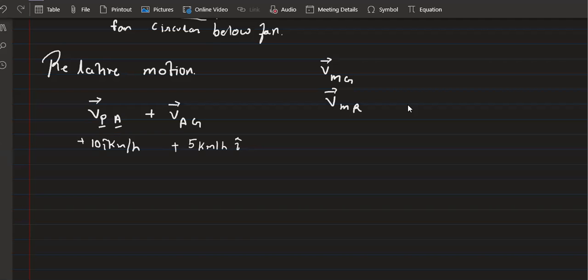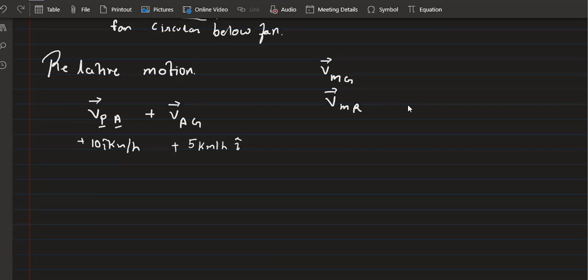Tell me, what will be the velocity of Prahlad with respect to Avaar? Think about this now. And what will be the velocity of Prahlad with respect to ground? Because with respect to Avaar it is 10 km per hour, given. Very good.